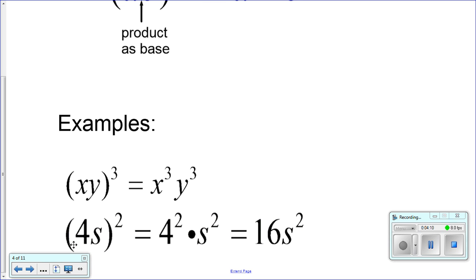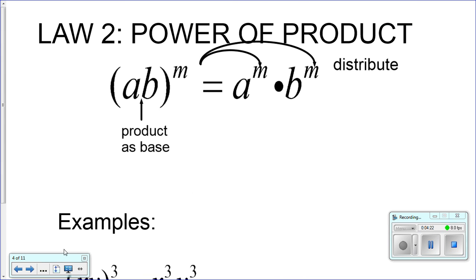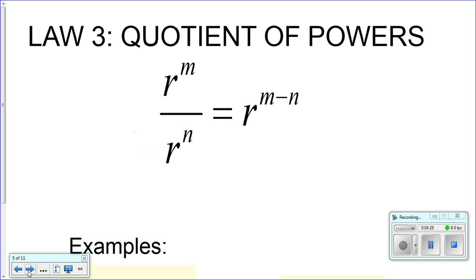So even when we have a coefficient, same thing. That 2 gets applied to the 4 and to the s. And we can go ahead and take it a step further because we know what 4 squared is, 16. So that's our simplified form. Okay? And that's power of a product. Now, when we go through this, the names themselves are not going to be super important. However, applying what these laws are is very important.